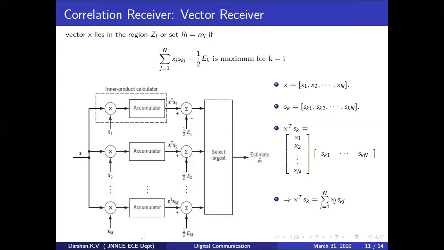So the inner product is written over here, x1 x2 xn. Mathematically, the inner product of x1 x2 xn and sk1 to skn will do matrix multiplication. When you do matrix multiplication, this is an n cross 1 matrix and this is a 1 cross n matrix. I hope you understand.